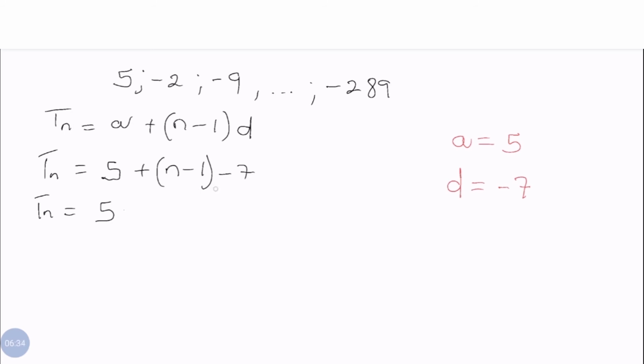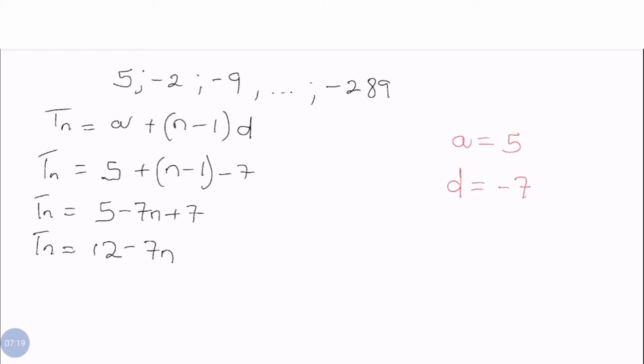Now let us multiply this out. -7 multiplied by n is -7n. -7 multiplied by -1 is plus 7, because a negative multiplied by a negative is positive. So Tn equals 5 plus 7, which is 12, minus 7n. This is the equation of our linear pattern.